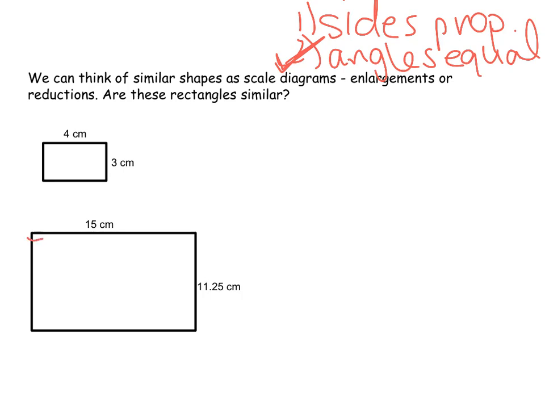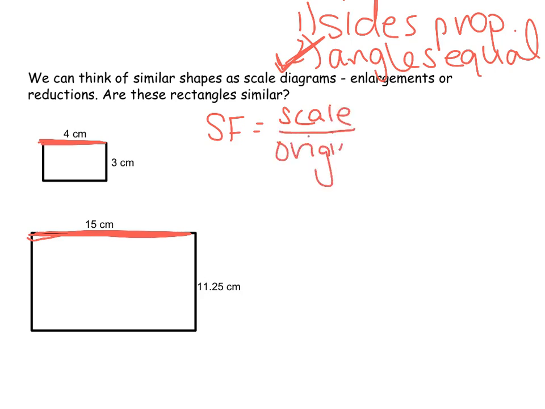So first thing, I'm going to use this side, so the long side in red, and that'll correspond with this side in red. So just like before, we can figure out what scale factor we used. And remember, scale factor is the scale diagram length divided by the original diagram length.